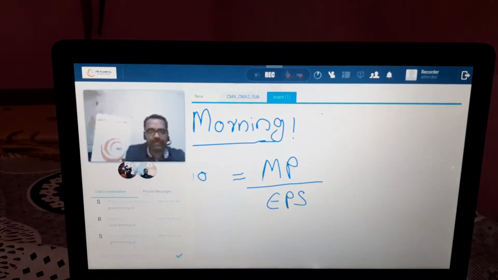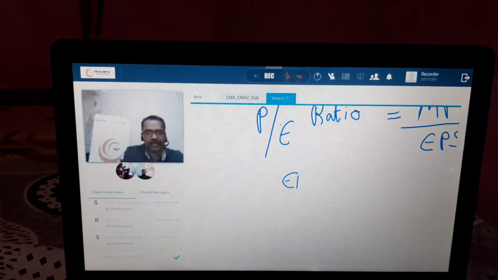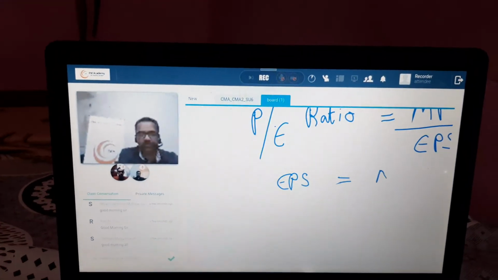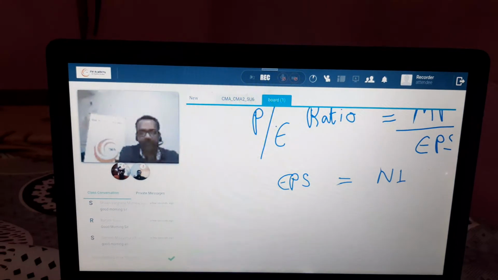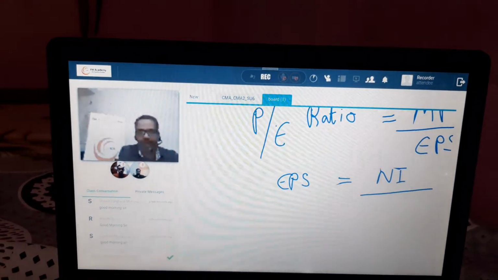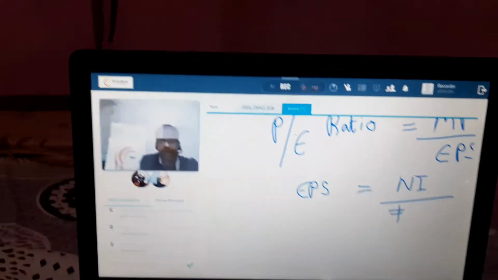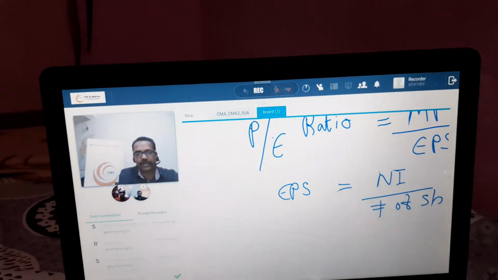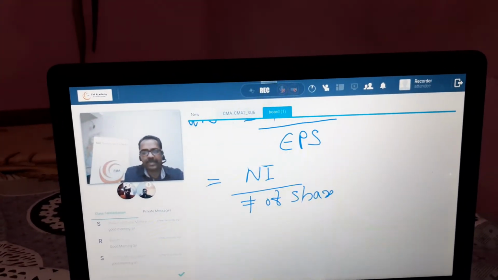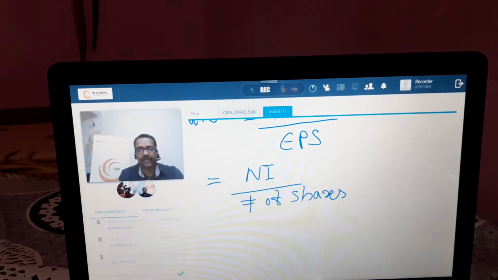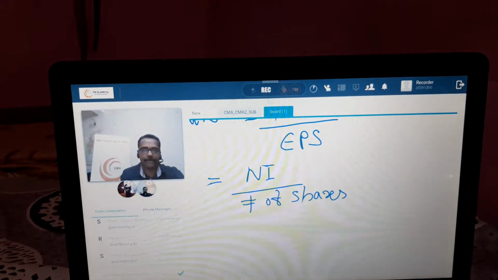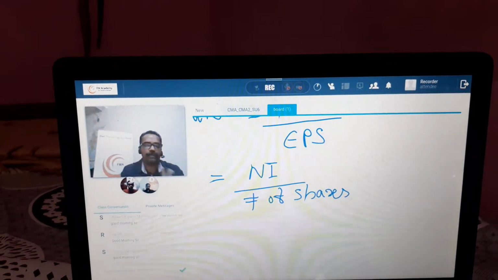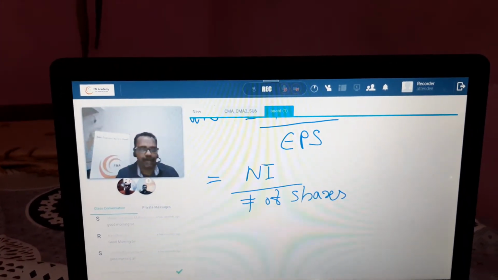So EPS is basically your net income, the P&L net income, divided by number of shares. Then only you will get per share basis what is the EPS. So you have to note this down. What is PE ratio? Market price to earnings.